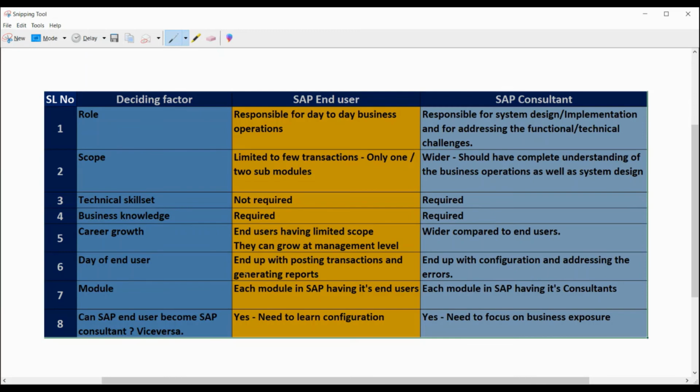Anyone can learn anything, so there is no constraint. If you want to opt for consulting as a career, an end user can do that. In a similar way, an SAP consultant can go for managerial levels. He need not go for the end user profile, as it is very low compared to the SAP consultant profile. So an SAP consultant can opt for better roles at managerial level.